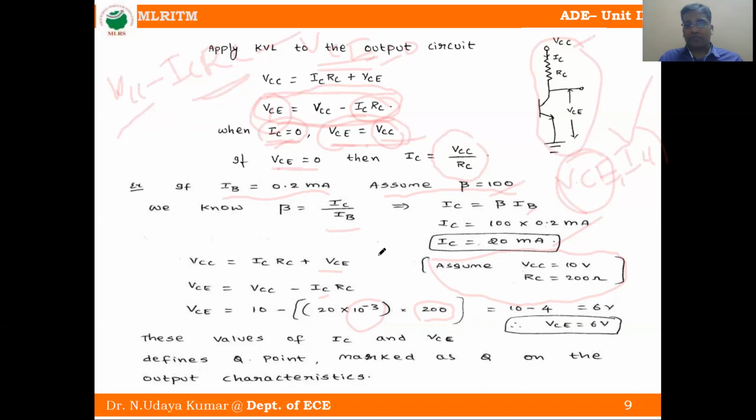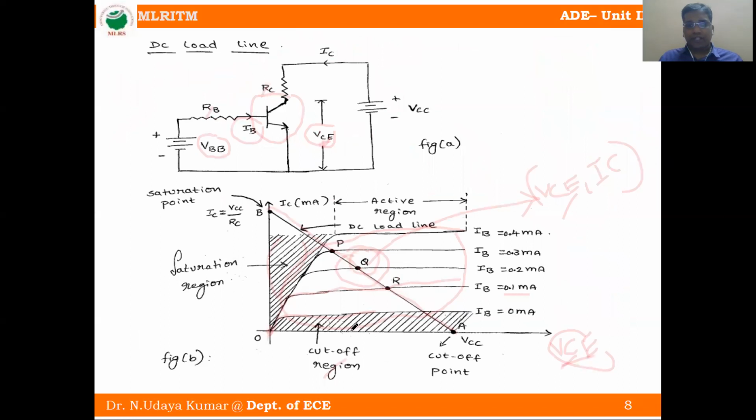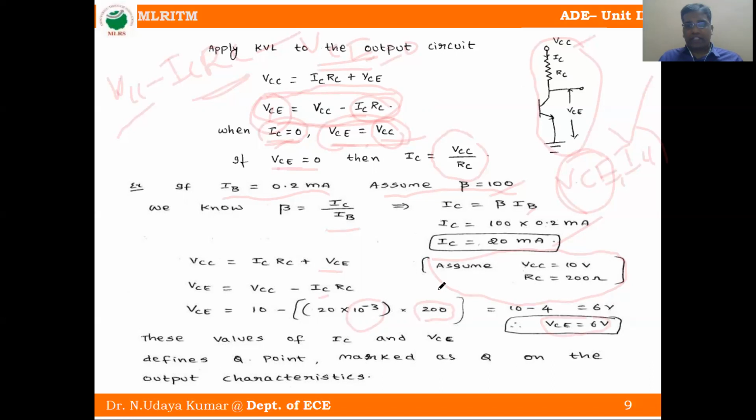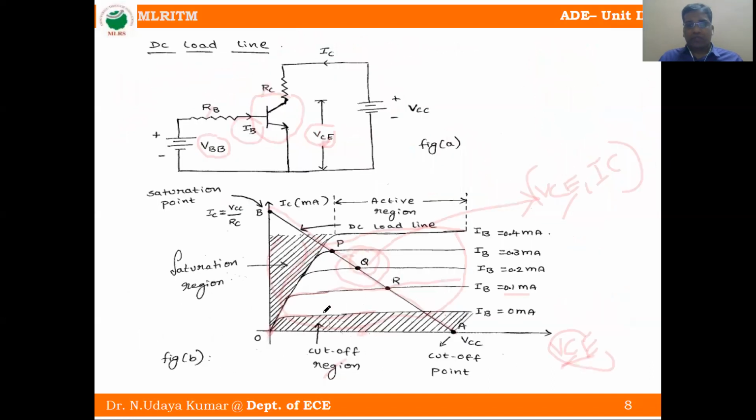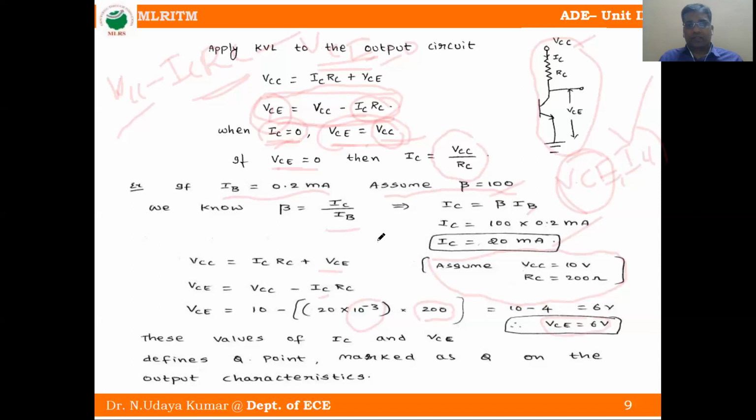We fix VCE equal to 6 volts here, and then put the corresponding IC value equal to 20 milliamperes. For example, this point is called the Q point. We have to find it like this. So this is called the DC load line.